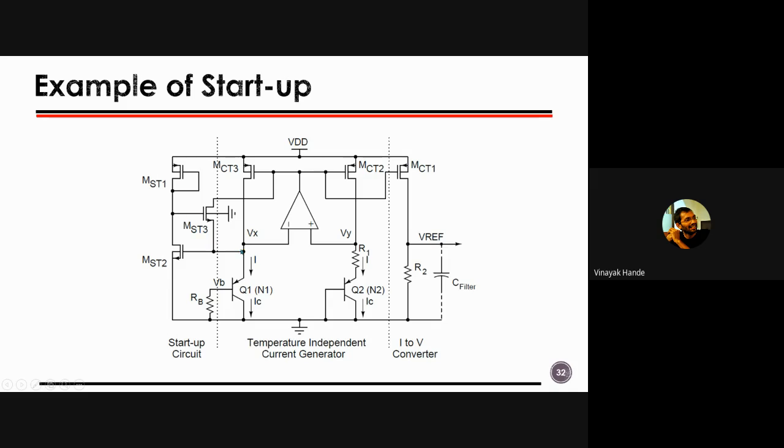Suppose this is 700 millivolt at a steady state, then you have to make sure that this will be 500 millivolt or something, so that this transistor will have VGS of minus 200 millivolt. That means this transistor is switched off, means the whole startup circuit is now cut off, right? This is one trick to design a startup circuit.